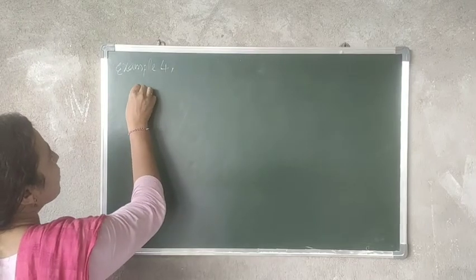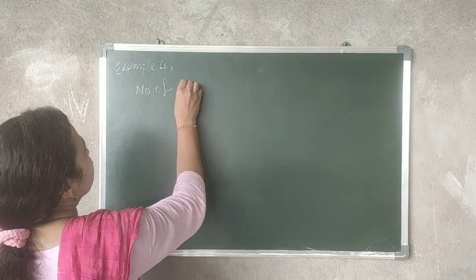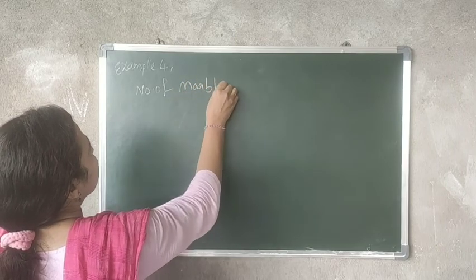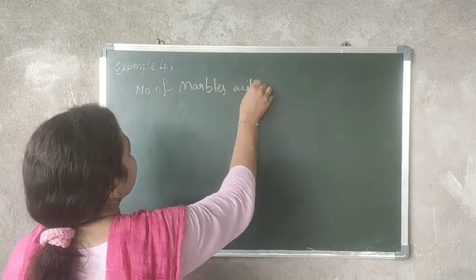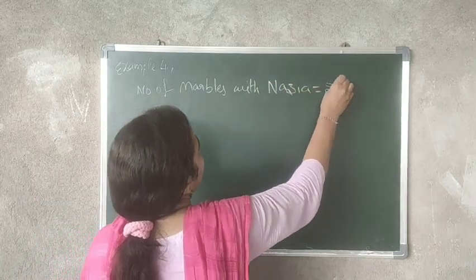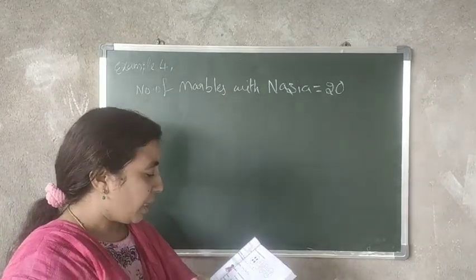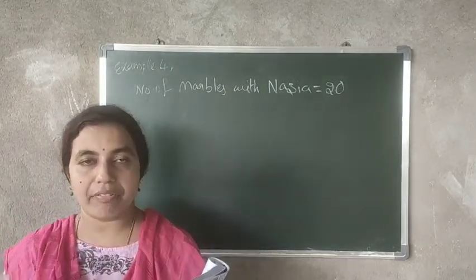How many marbles? Number of marbles with Nazia is 20. So she has 20 marbles with her. Then Reshma, her friend.